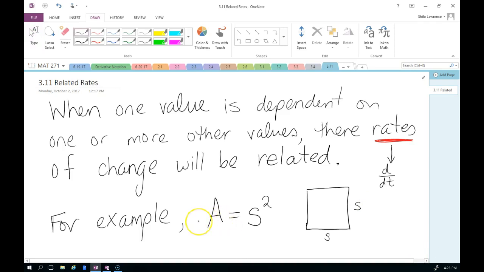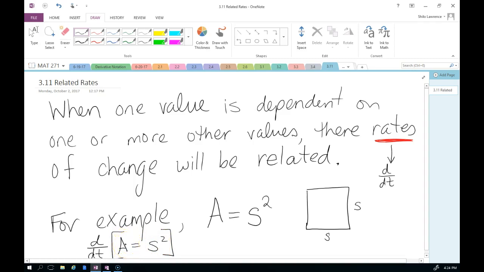So if I know how to calculate area based on side, I can also figure out, by taking the derivative with respect to t, how a change in the side length will affect the change in the area, or how slowly or quickly that side length changes could affect how slowly or quickly the area changes.